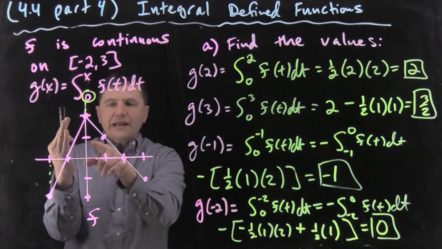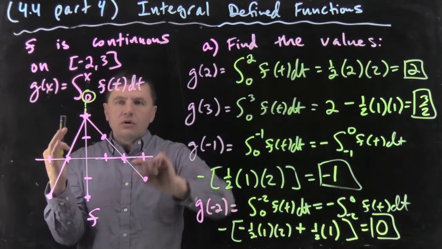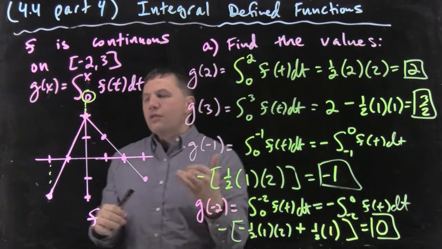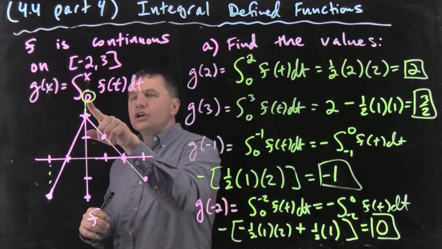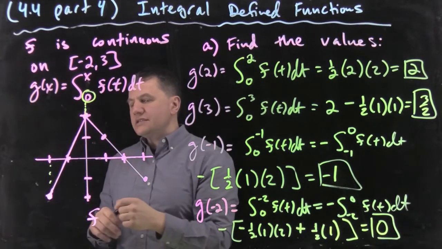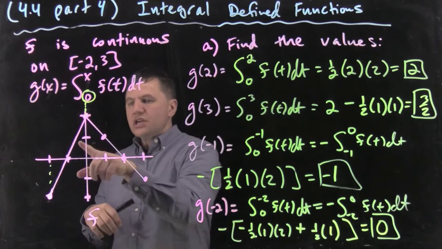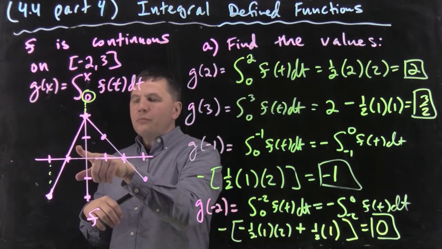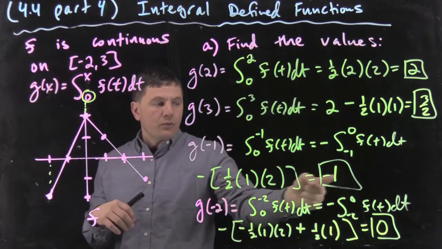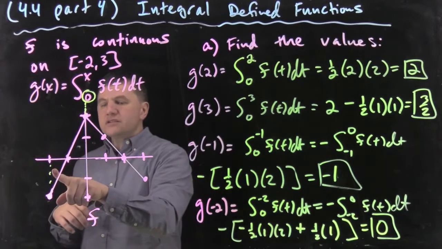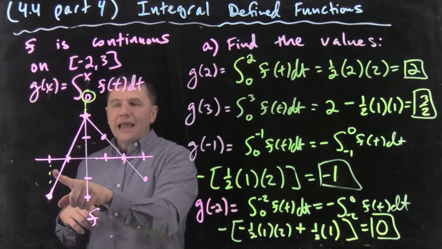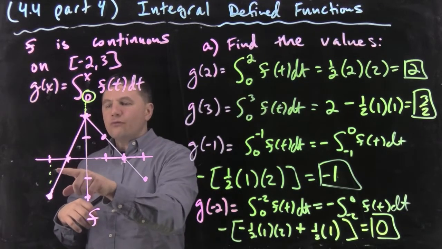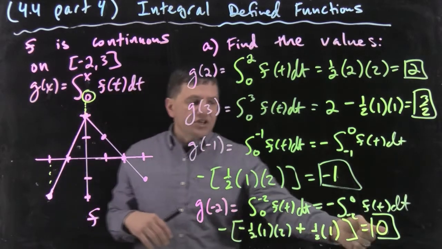Areas above will get added, areas below will get subtracted, like always. The thing is, when we go to the left of that 0 point, it switches. So areas above will now be subtracted, right? Remember, we got a negative 1 here, and areas below will actually be added.